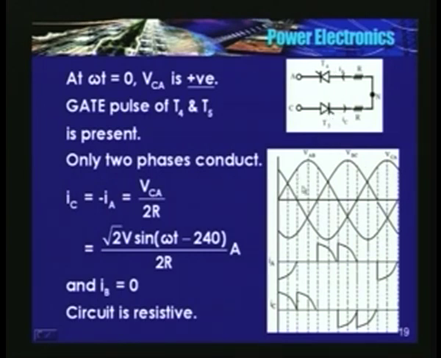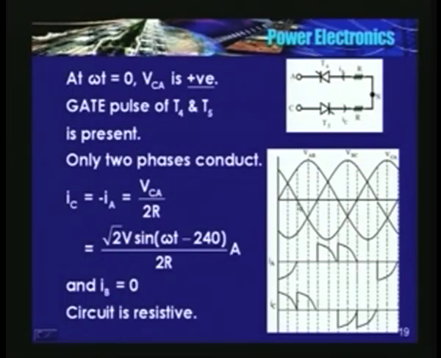So VCA is this waveform, and the magnitude of current is divided by 2R. So it is almost the same waveform, magnitude could be different, that is all. Same waveform as VCA, current IC and IA. IA is negative but IC is positive.